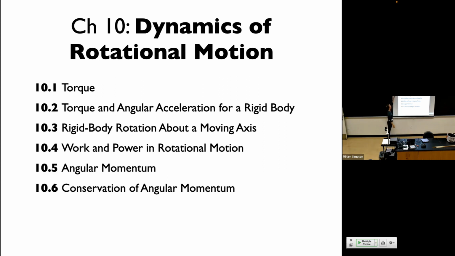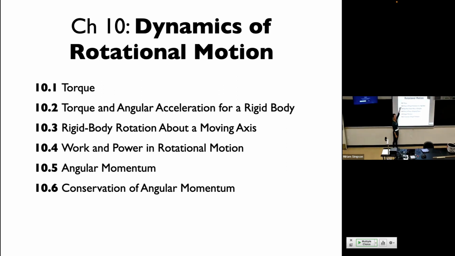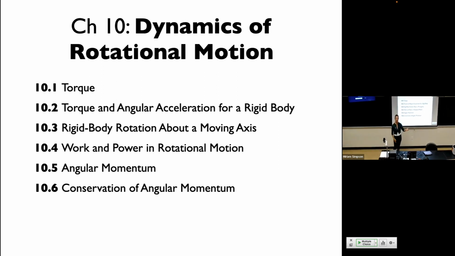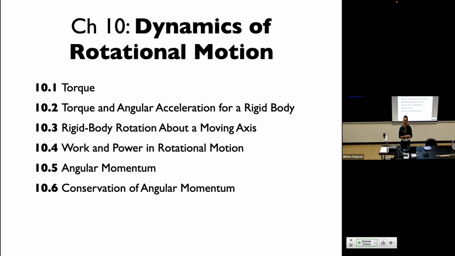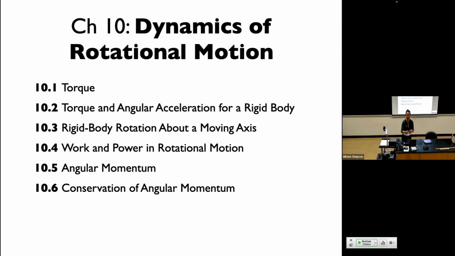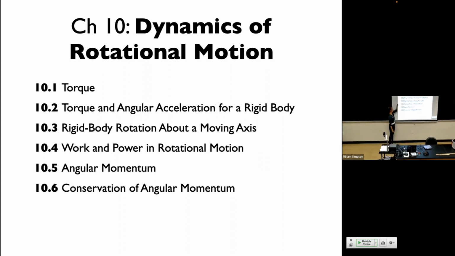So we'll talk about torque and angular acceleration, because remember, F equals ma. That means that there's probably an equivalent version of that for rotation, where you replace force with torque, and you replace mass with moment of inertia, and you replace acceleration with angular acceleration. So that's what we're going to talk about there.